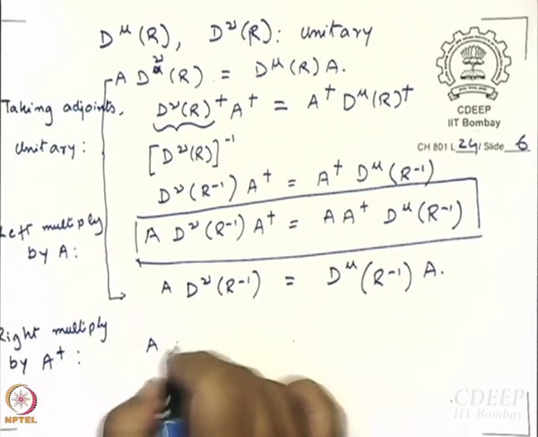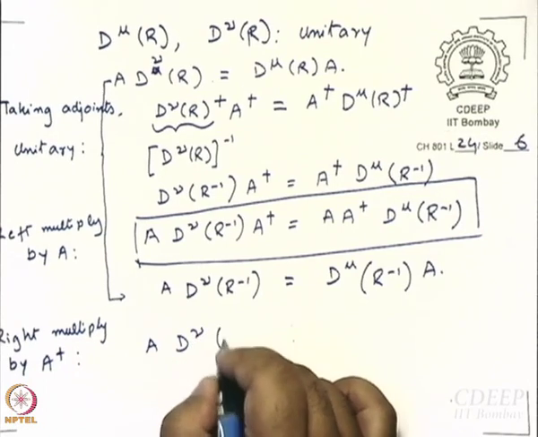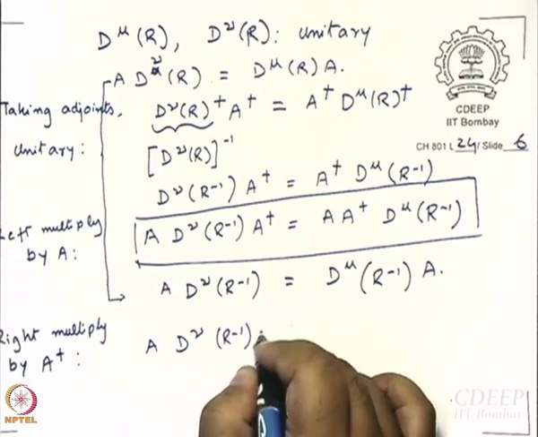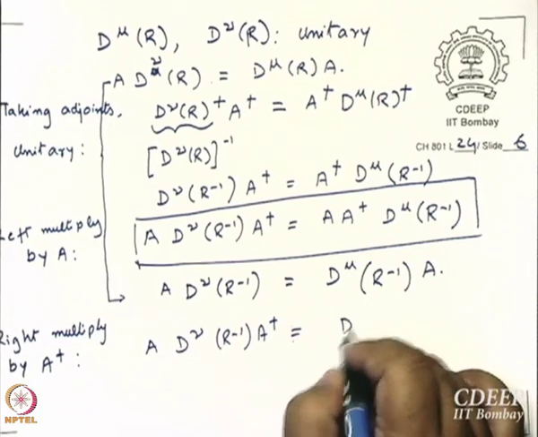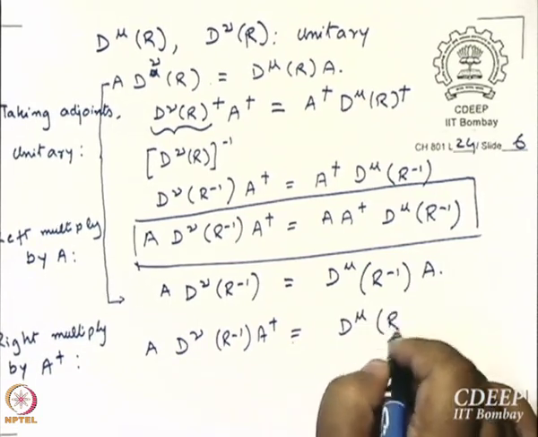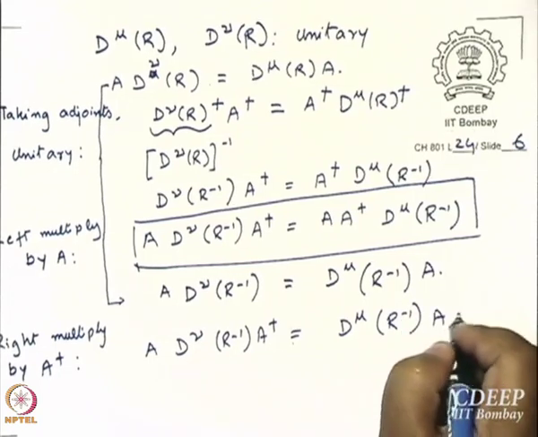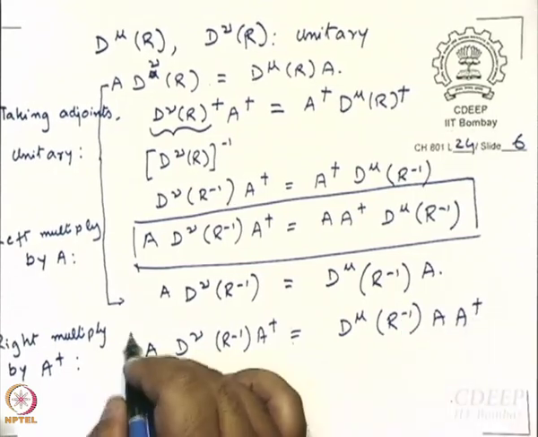You get A d nu R inverse A dagger is equal to d mu R inverse A dagger.